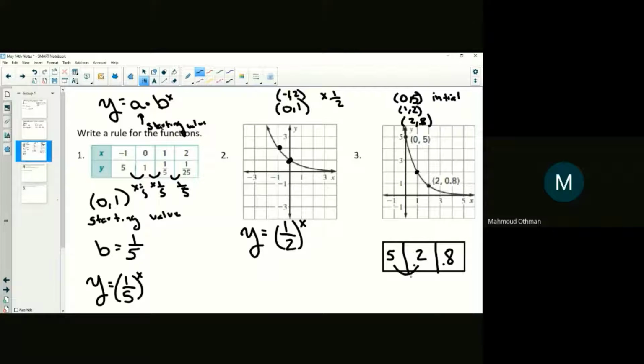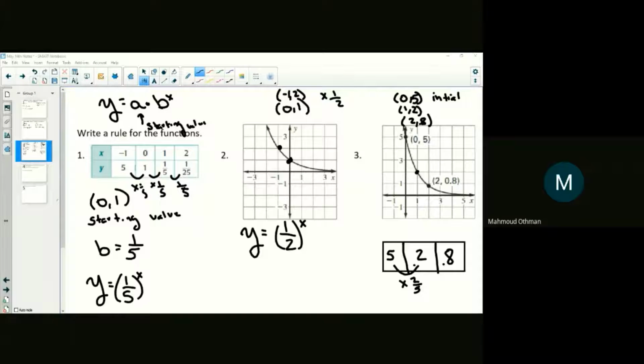To get from here to here, I need to multiply by 2/5. Let's test it out. 5 times 2 divided by 5.